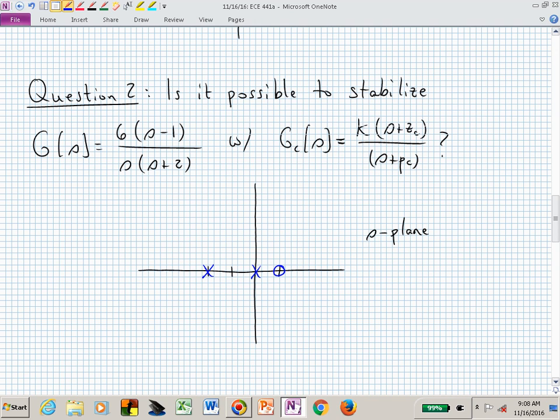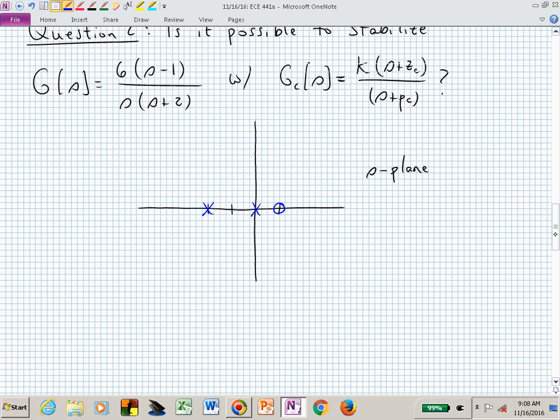And in this case, what are we going to do? Or what's the thought process that you could possibly be playing with in trying to come up with a controller that stabilizes this?